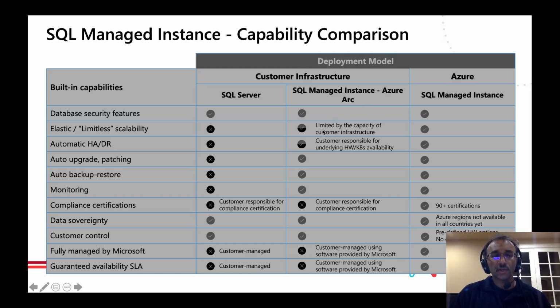So this is one of the capabilities we'll have out of the box, as shown here. And obviously, this is limited by your infrastructure and your resources in the Kubernetes cluster.